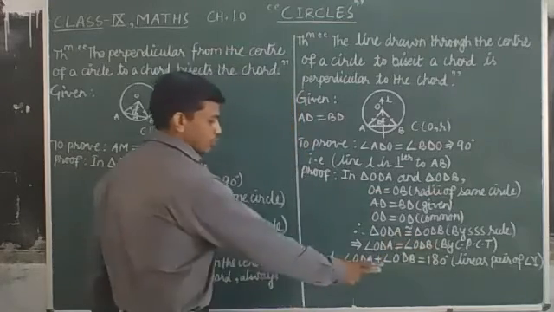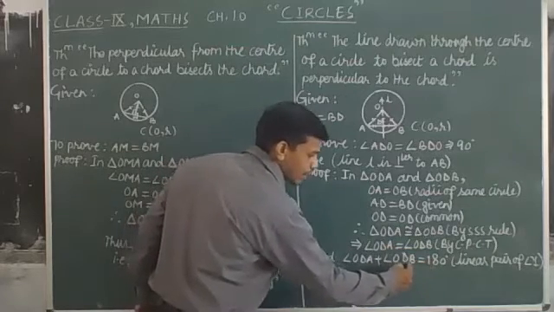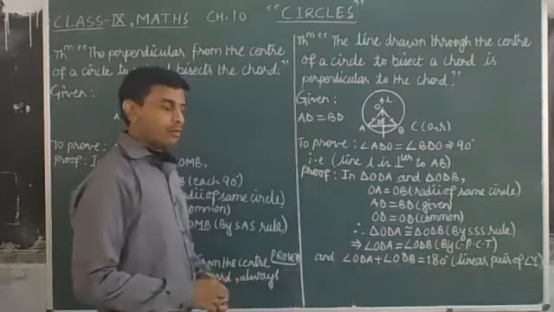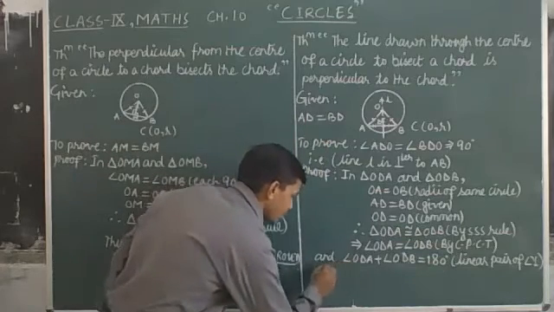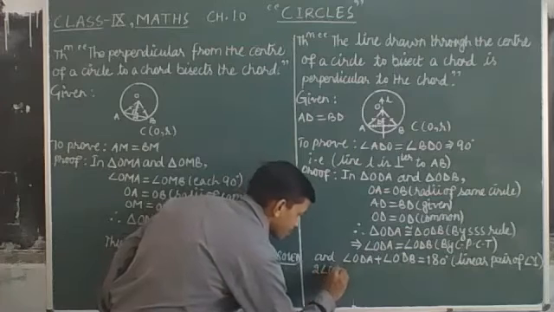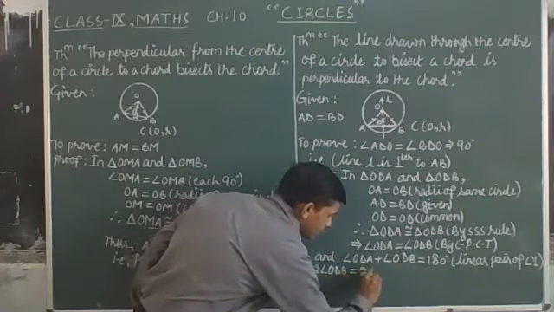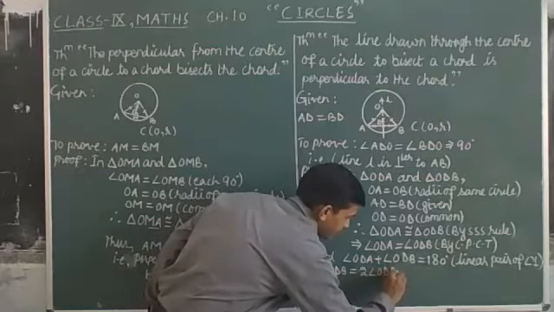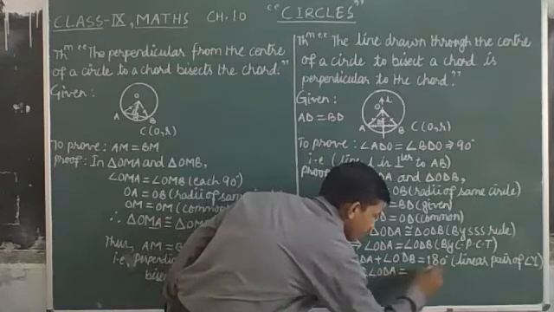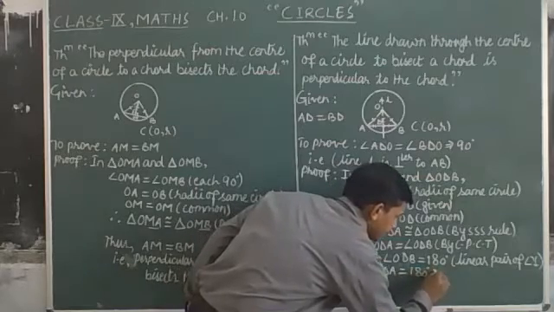So 2 times angle ODA equals 180 degrees.